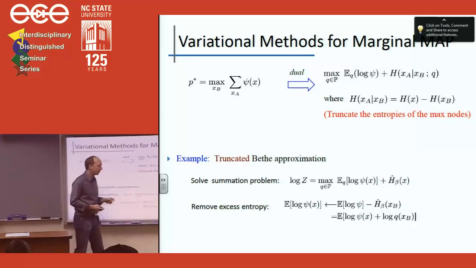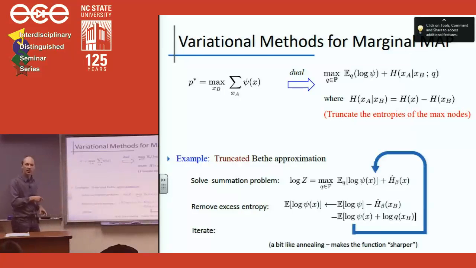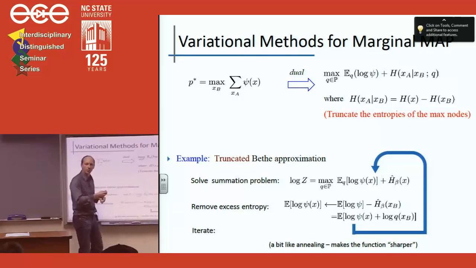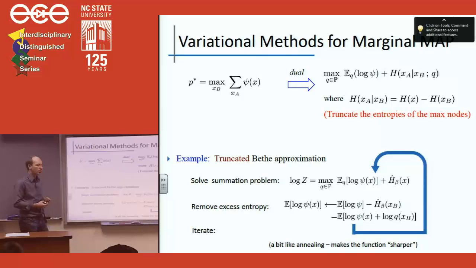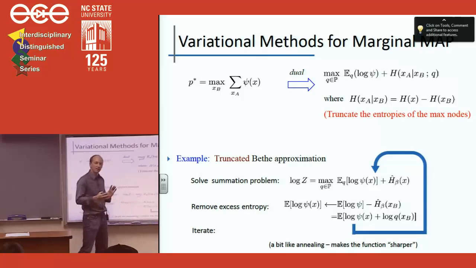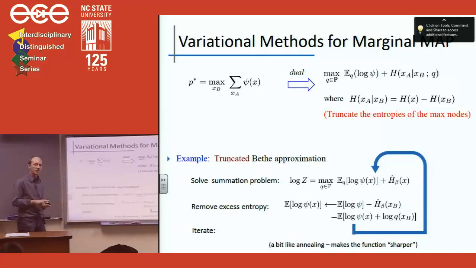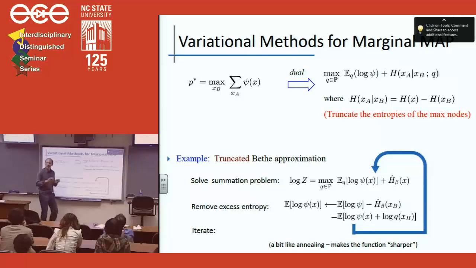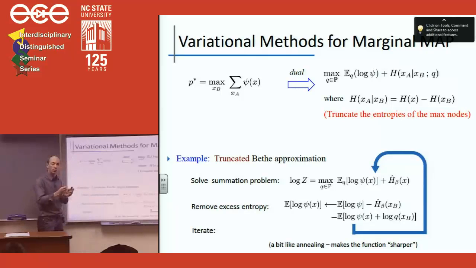And now I have a new model, and I can run sum product on that again to try to optimize it again, and then again subtract the entropy as I go. So this is sort of an iterative run of sum product. Intuitively, it's kind of a proximal algorithm, but you can think of it like annealing. So what I do is I solve a summation problem, and then I look at all of my max nodes, and I add the log of their probability, log of their marginal.